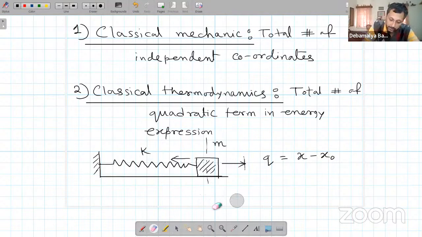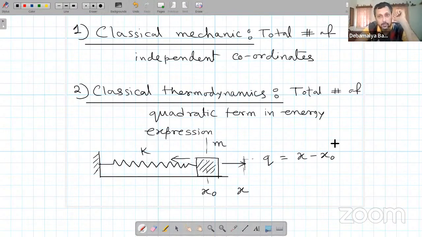This is my x0, and this position, let's say, is x. So my displacement is q, and this is my degree of freedom. Now, this is the classical mechanics definition of degree of freedom. That is, only one independent coordinate is sufficient.